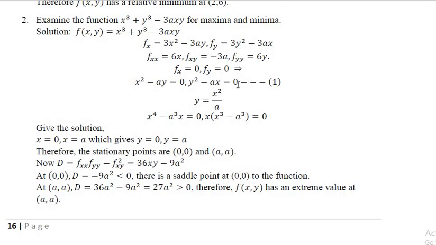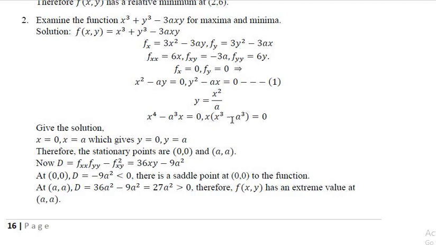Then we will get two equations: x square minus ay equal to 0, y square minus ax equal to 0. Substituting one in the other, or put y equal to x square by a in the equation x square minus ay equal to 0, we will get x raised to 4 minus a cube x equal to 0.